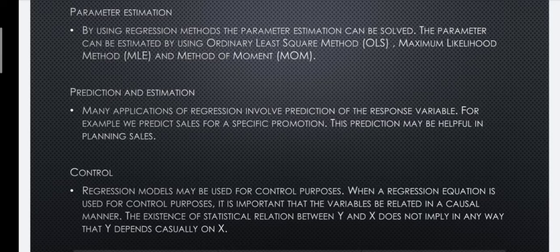Okay, so we can estimate the beta naught and beta 1. So the parameter can be estimated by using the ordinary least square method, maximum likelihood method, and method of moment. Okay, we have these three method untuk estimate the parameter of regression.